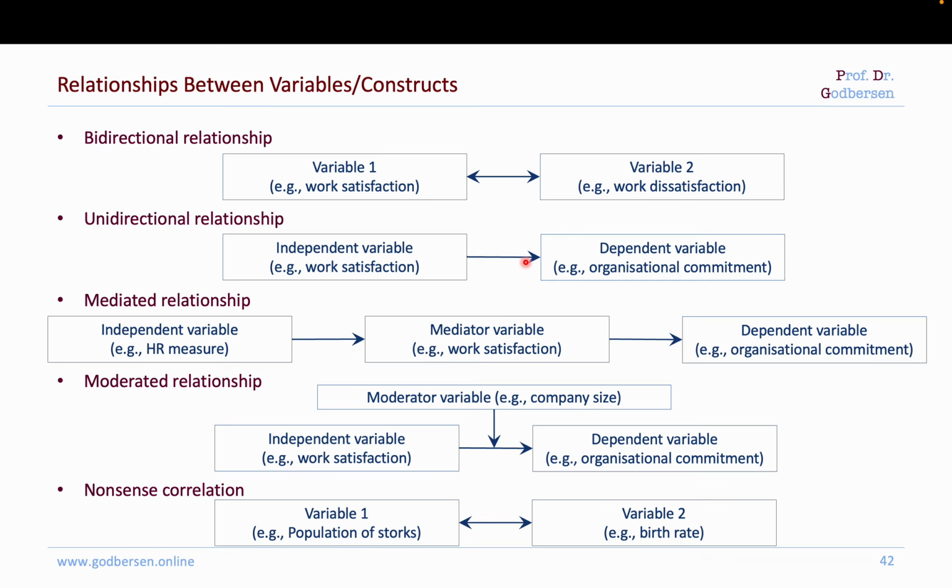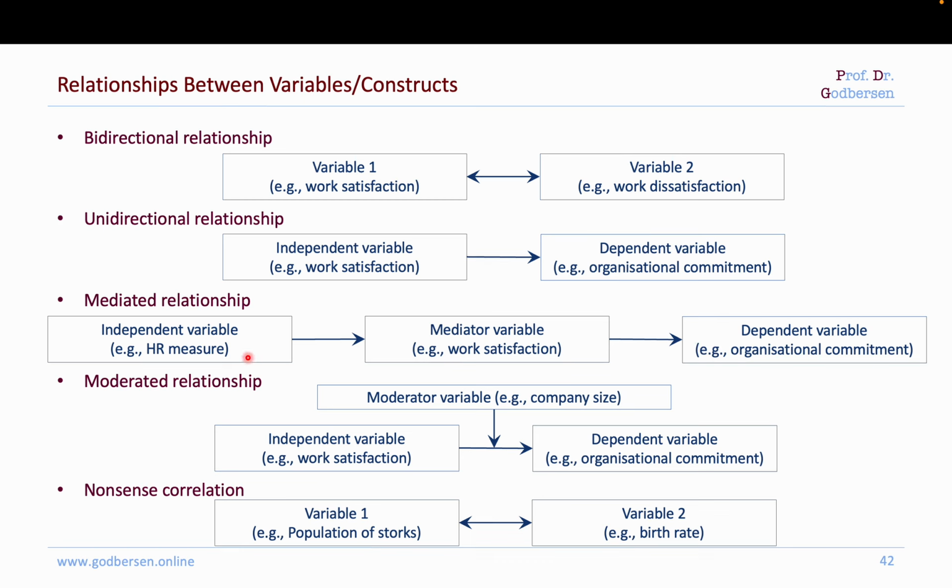Such a relationship might be mediated. In a mediated relationship, we have an independent variable that has an impact on a mediator variable, which in turn affects a dependent variable. The mediator variable mediates the effect of the independent variable on the dependent variable.